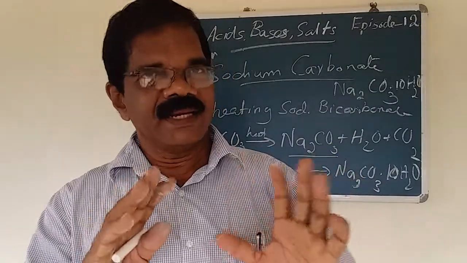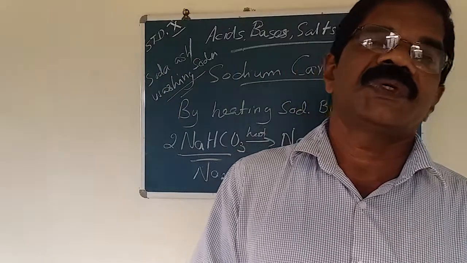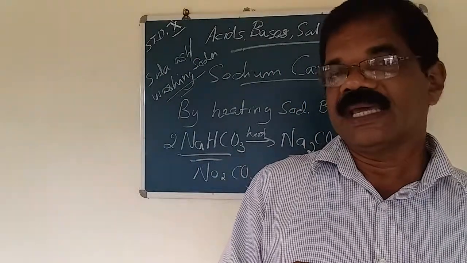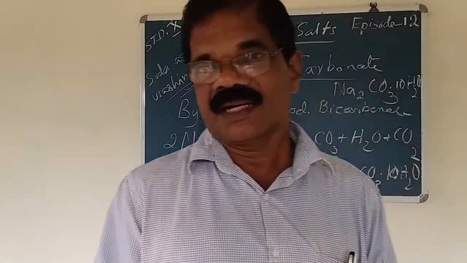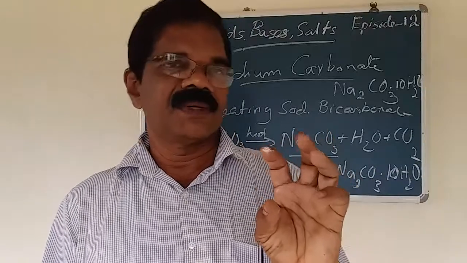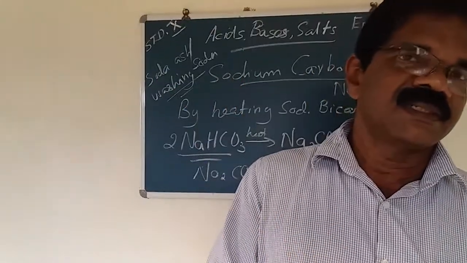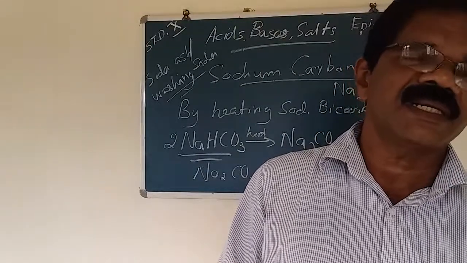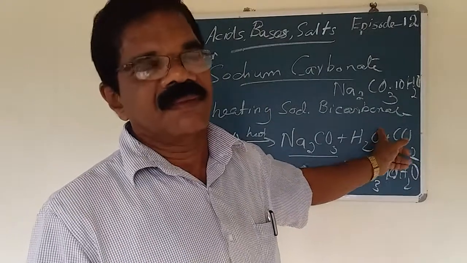How can we identify hard water? Soap does not form foam in hard water. It is not suitable for washing or drinking. For washing purposes, this hardness of water can be removed by adding sodium carbonate.